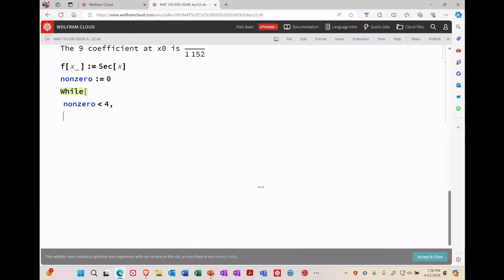Calculate, what do I want to call it? Oh, I need to also start n at 0. Let's call it A of n to represent the coefficient.